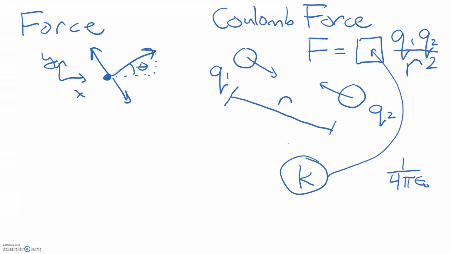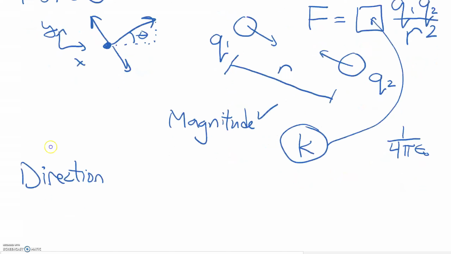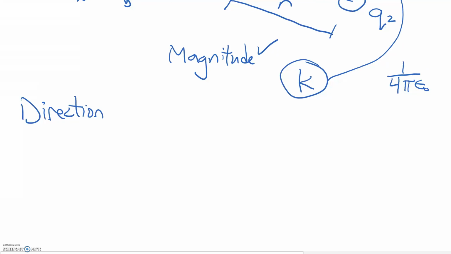The other thing is that I should also talk about direction. So that's the magnitude of the force. We should also talk about direction, and direction is a little more complicated than maybe some of the other forces we've talked about. You might recall, for example, for gravity, the direction is really simple.